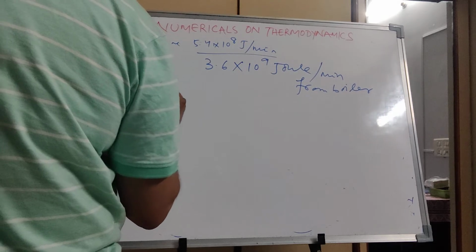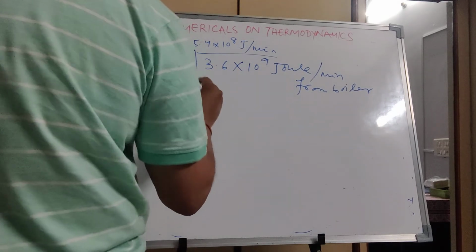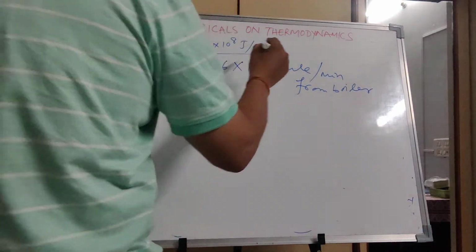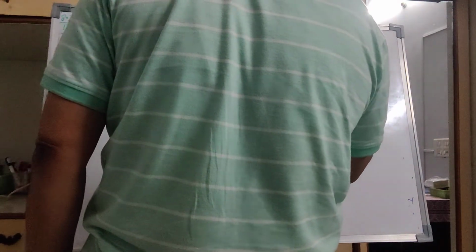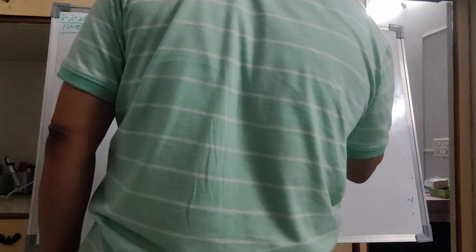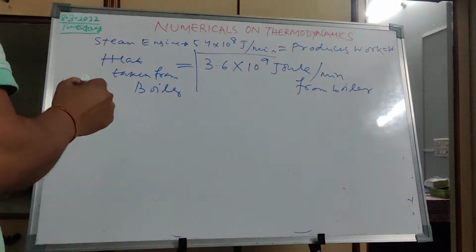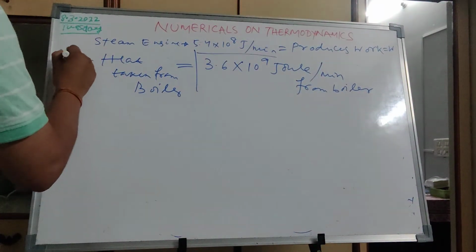Your heat taken from boiler is this, and steam engine produces this much of work. That is that. So this heat from boiler is Q.